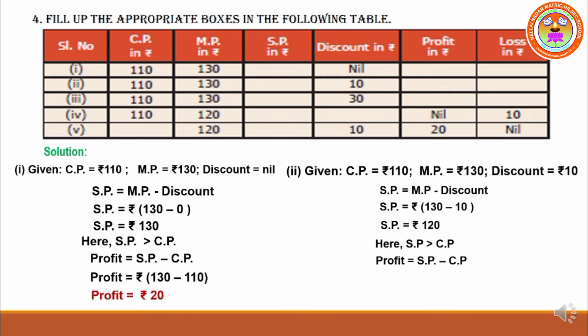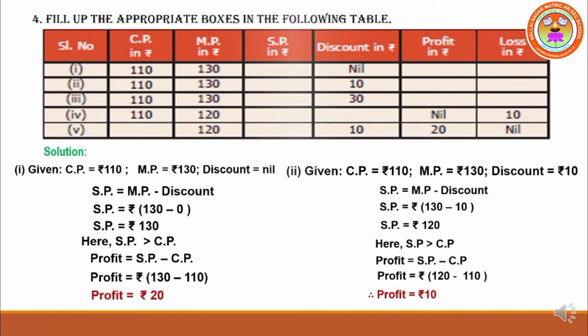And what is CP? It is 110. Now we have to subtract these two values. So 120 minus 110 will give me the value for profit as 10 rupees. That is the value to be written in the tabular column.